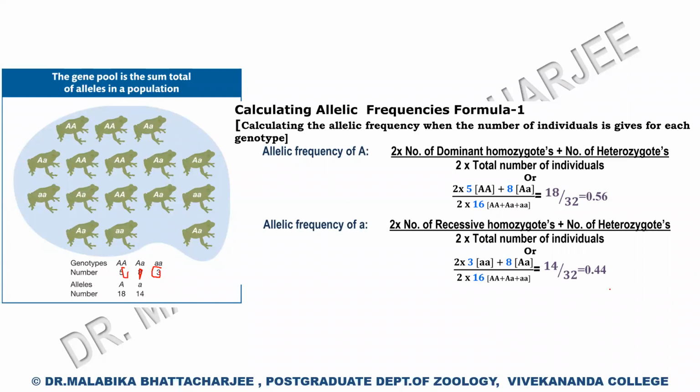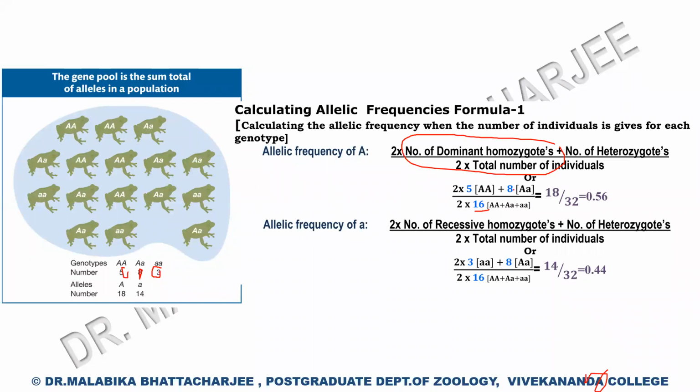For the calculation of the allelic frequency of capital A, we did 2 into the number of dominant homozygotes, so 2 into 5, plus the number of heterozygotes, that was 8, divided by 2 into the total number of individuals. The total number of individuals is 16, so 2 into 16 is 32.